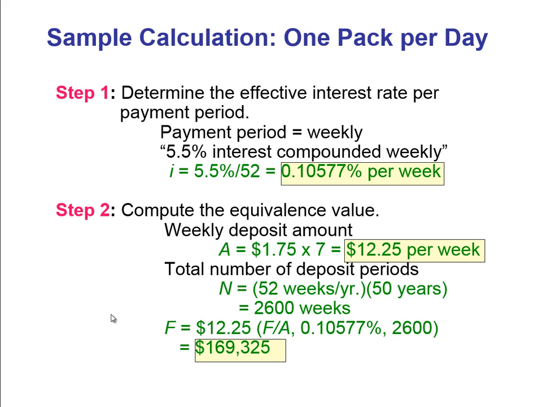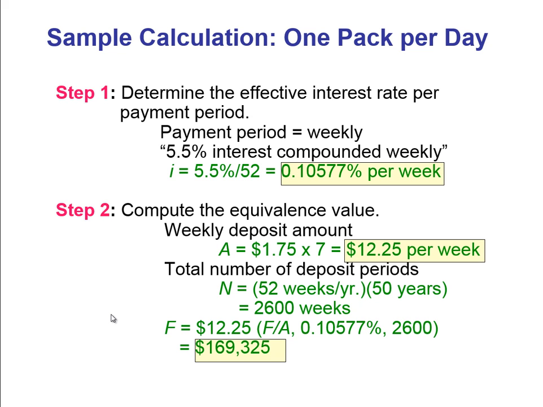So you have interest of 0.10577% per week. Now let's compute the equivalent value with a weekly deposit amount of $1.75 multiplied by 7. So the weekly deposited amount should be $12.25 per week, with $1.75 per day, 7 days a week.